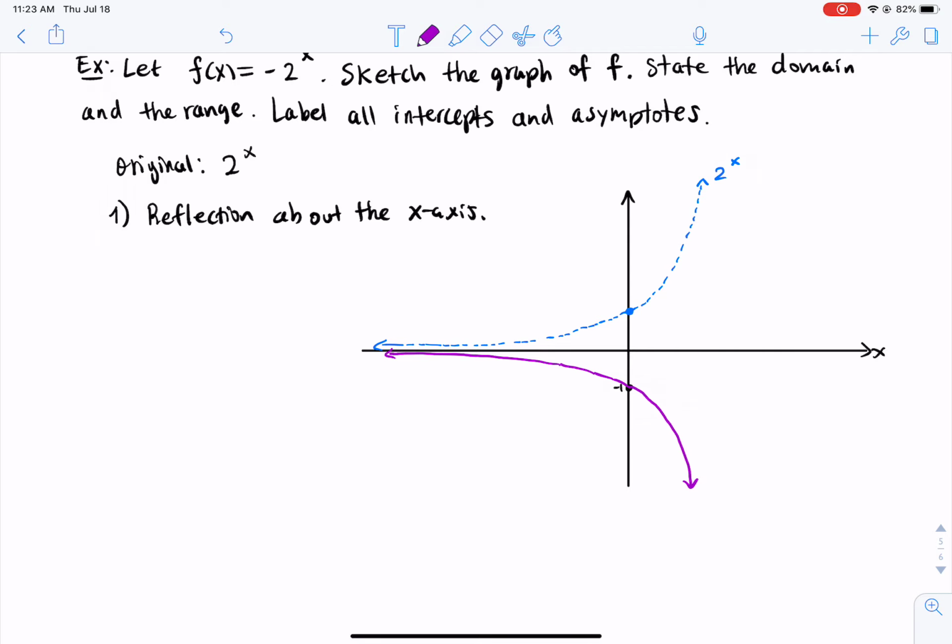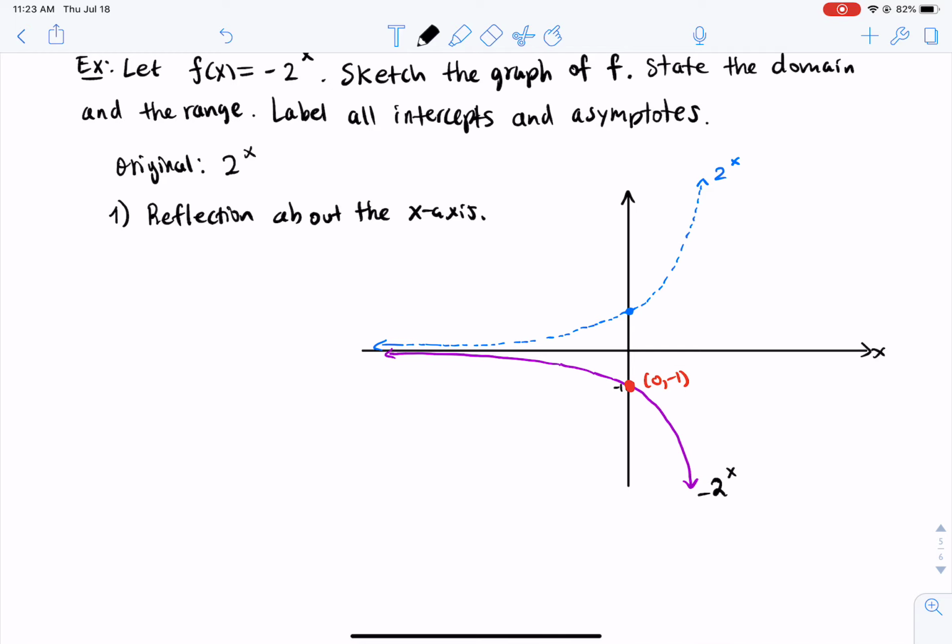But it will pass through this y-intercept 0, -1. You see, I got a reflection of the same graph 2 to the x, but now reflected over the x-axis. So I'll get -2 to the x like that.